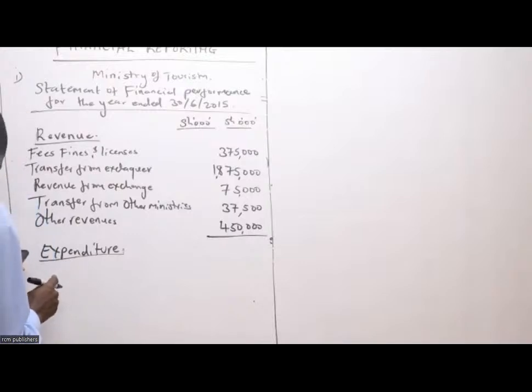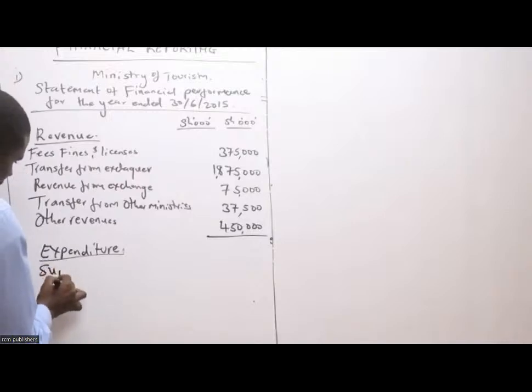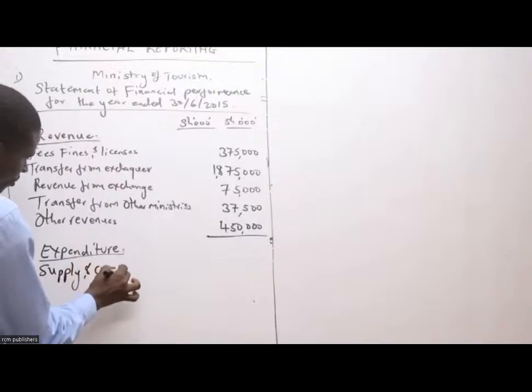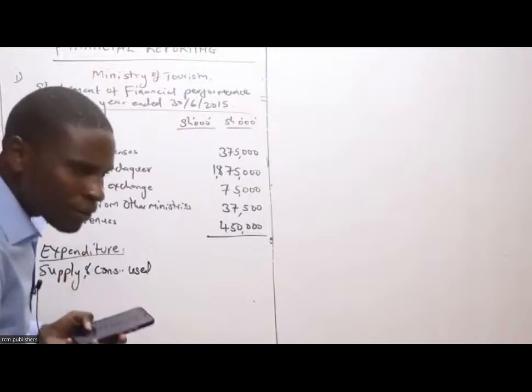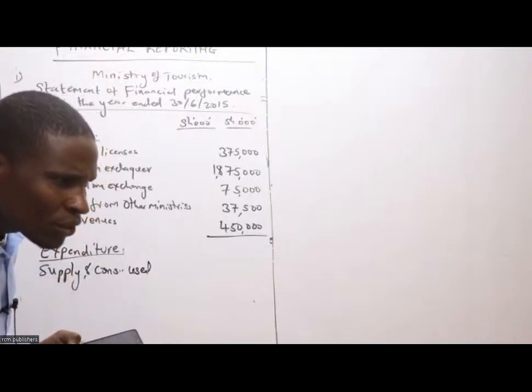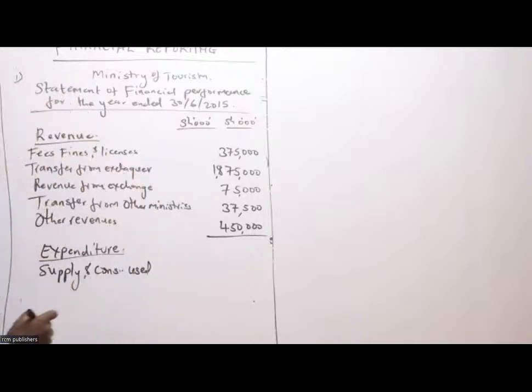For expenditure I see we have supply and consumable used. That is an expense. Wages and salaries, thank you. You see we have got different answers. Edwin gets something different, Nora too. I need another person to give another answer here. How much is wages and salary?